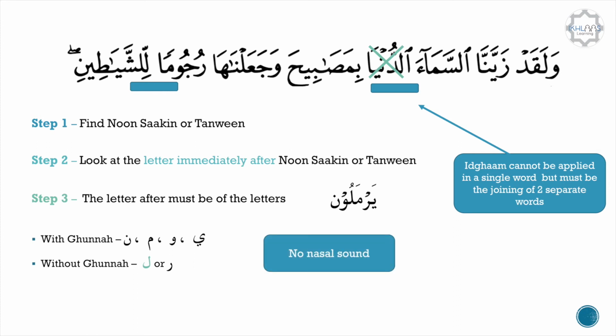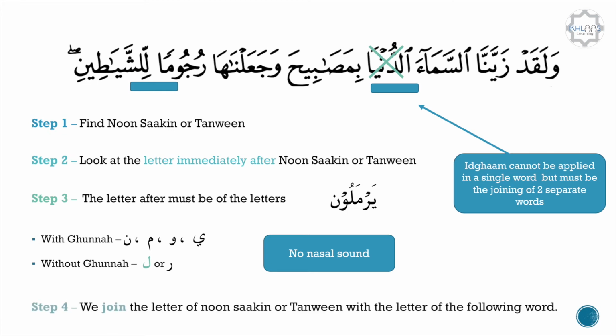Remember, with idgham without ghunnah, there is no nasal sound. Step 4. We join the letter of the Noon Saakin or Tanween with the letter of the following word. So we read rujuman lishayateen.